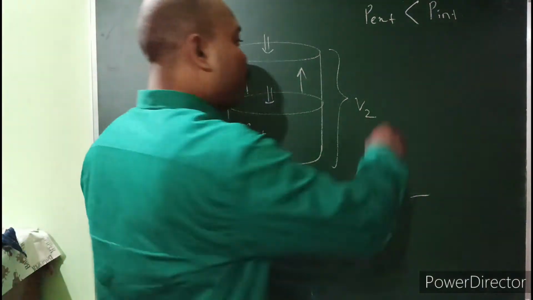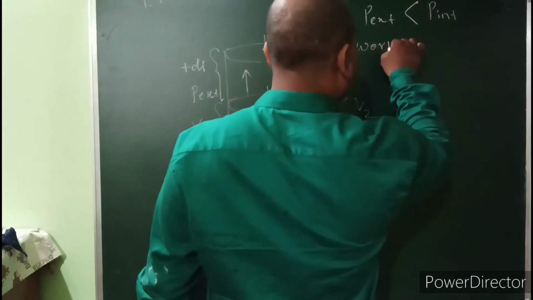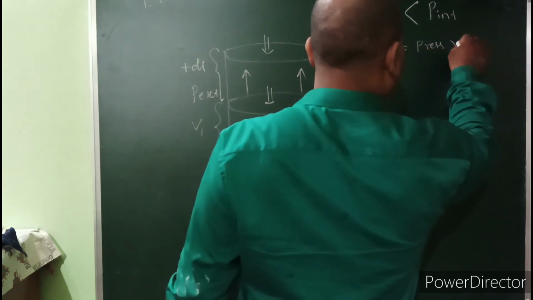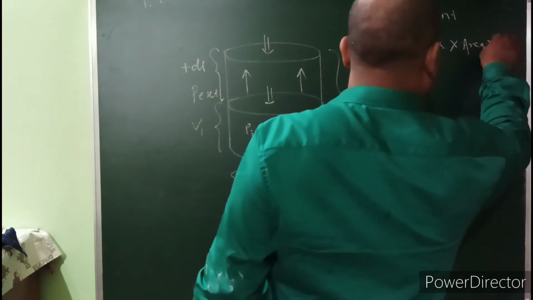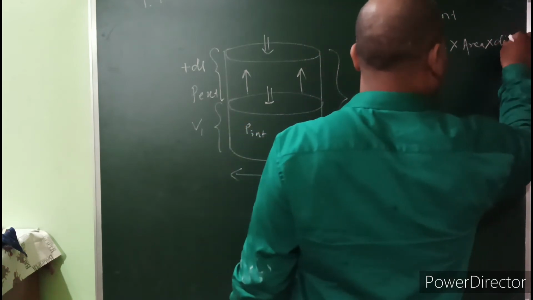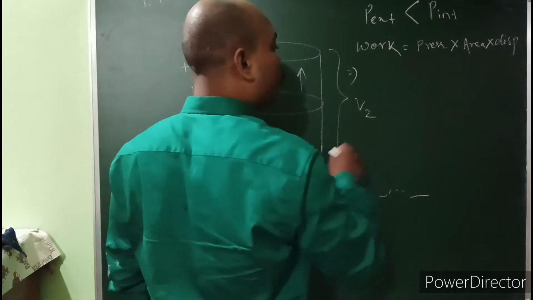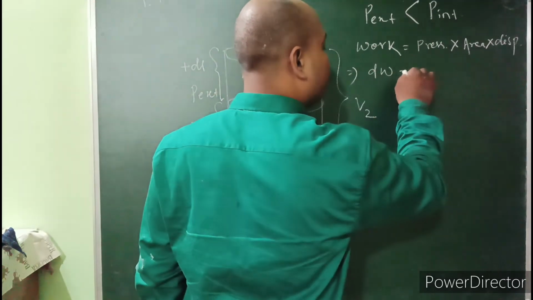Now, what we knew previously, that work equals pressure into area into displacement. Now, we can write the little change in work is considered as dW.